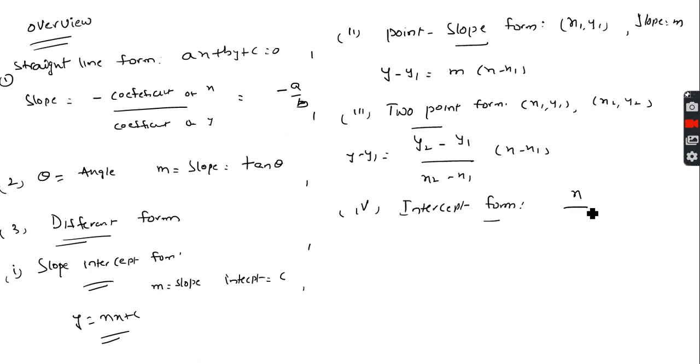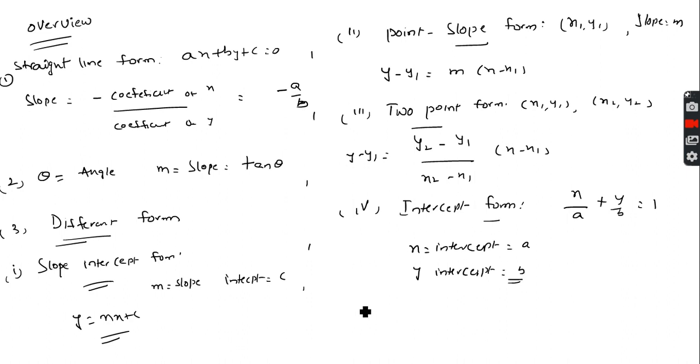Next, the fourth one is intercept form. What is that? x by a plus y by b is equal to 1, where the x intercept is equal to a, and the y intercept is equal to b.